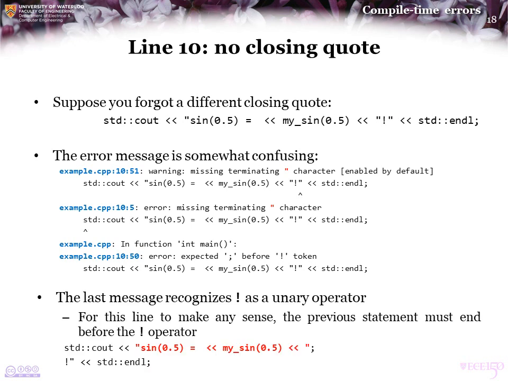Well, actually, the exclamation mark in C++ is a unary operator. And for any of this to make sense, there actually has to be a semicolon before the exclamation mark. So there must actually be a semicolon between the string that it sees there and the exclamation mark. So all of these error messages are sort of described here, but overall the issue is that there is a missing quote, and you should be able to deduce this from some of the error messages.